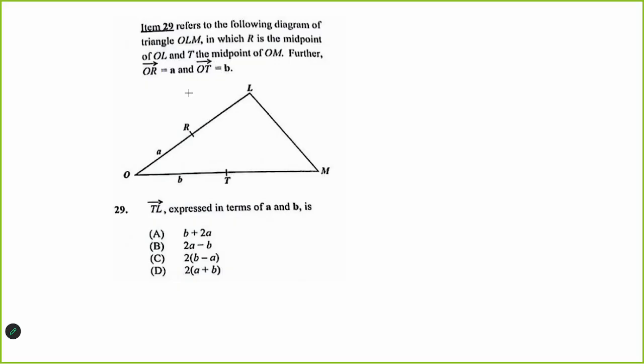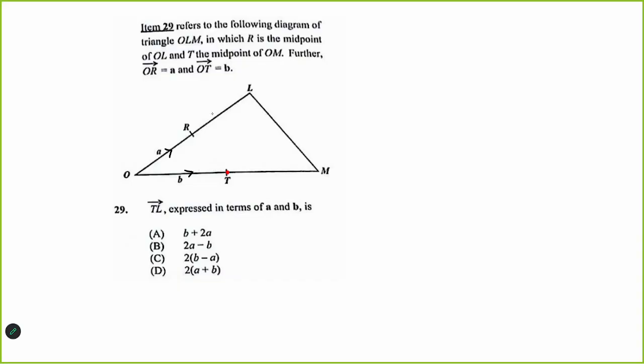Further, OR, O to R, going in this direction is A, and O to T, going in this direction, is B. Express TL in terms of A and B. So what we're going to do is start from T and end at L. Now, obviously, it's very easy to go this way and then up. I would not do that because we don't know what LM is. I'm going to use what is known, right?